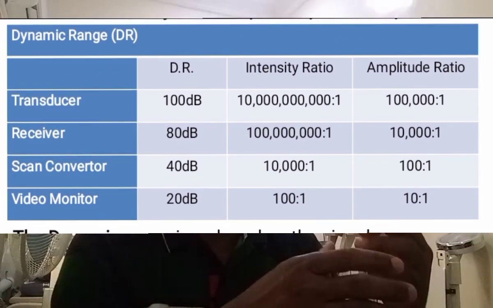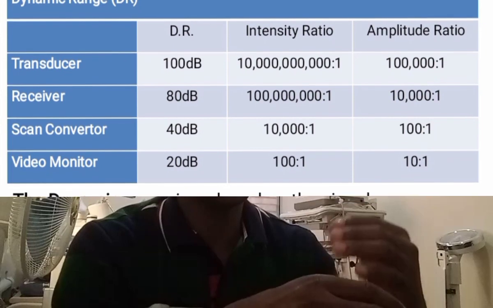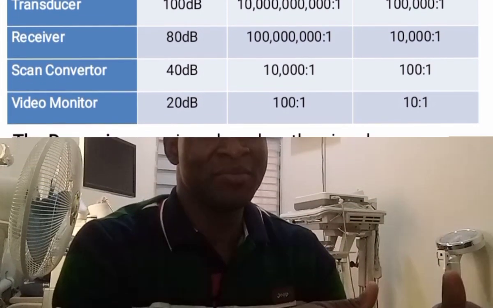And you can see the values for the receiver, scan converter, and video monitor. So the dynamic range is reduced as the signal moves through the system components. It is highest at the transducer, then is reduced as the signal moves to the receiver, then to the memory, and finally to the TV monitor. It's all about adjusting the signals in a way that the other components can receive them.